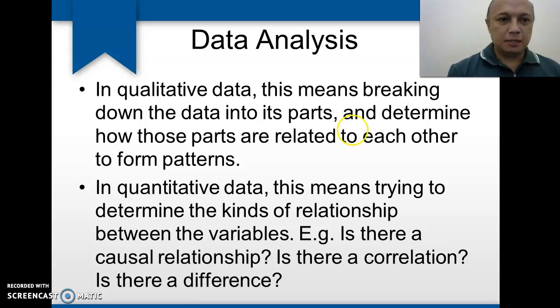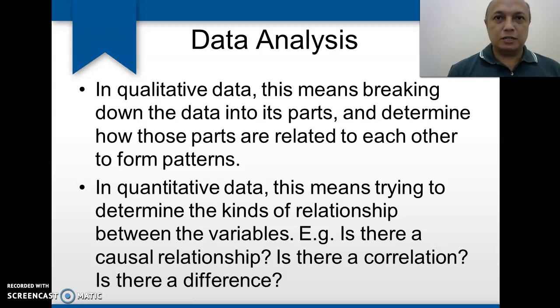Now in quantitative data, if you are doing a quantitative research, that means trying to determine the kinds of relationship between the variables. For example, is there a causal relationship? You are trying to determine if there is a cause and effect relationship in your data. Or is there a correlation?